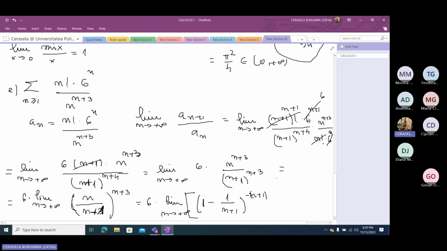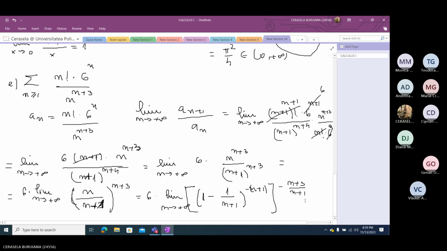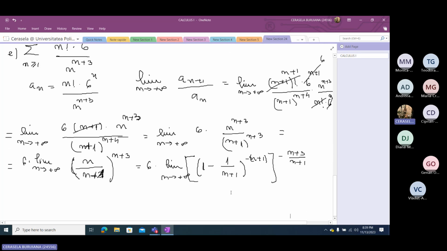And because I don't want to change anything, I have to multiply by the reverse. So in the end, everything becomes like this. Now, the limit from brackets, we know that's e.